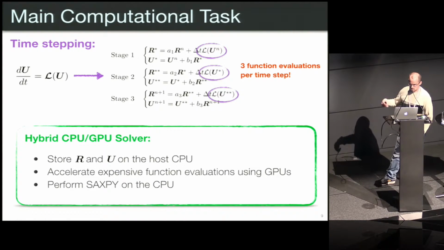So our strategy to solve this problem is to store the data R and U on the host CPU, where we have a large amount of memory available, and we want to offload the computation of this right-hand side to GPU accelerators, sending back the data and performing the scalar AX plus Y on the CPU again.